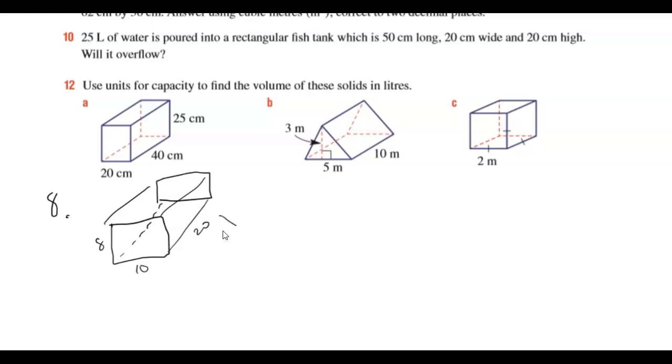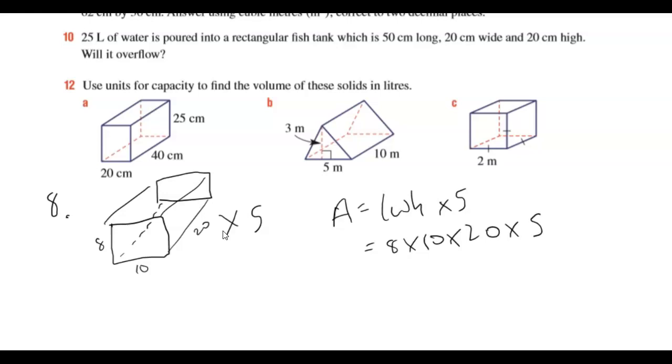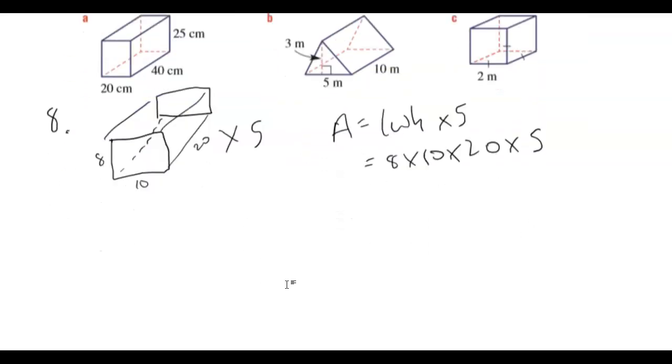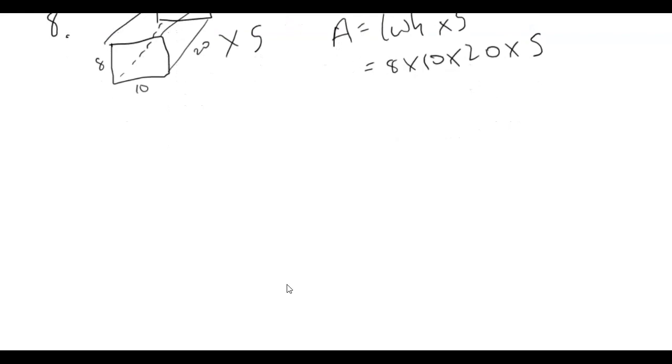And we've got 5 of them, so we're going to multiply all that by 5. So your volume of a rectangular prism is length times width times height, and we've got 5 of them. Okay, so 8 times 10 times 20 times 5. Okay, so 5 bricks. All right, I'm going to move on to question 9.